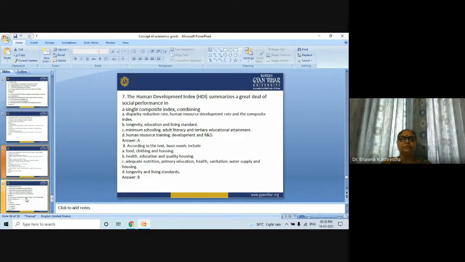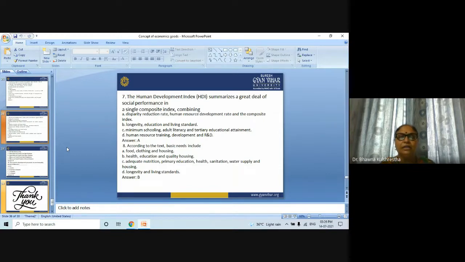And next question, human development index summarizes a great deal of spatial performance in a single composite index combining disparity reduction rate, human resource development rate, and the composite index; longevity, education and living standard, minimum schooling, adult literacy, and tertiary educational attainment; and the last option is human resource training, development, and R&D.